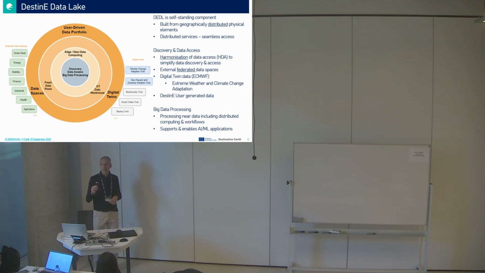This is powered by edge or near-data computing. It's composed of fresh data pools and digital twin outputs from the data warehouse. And all of this then interacts with the outer layer, with many digital twins in the future, today with some of them. And we will interact as well with upcoming data spaces, or with data space sectors. And this is all a user-driven data portfolio.